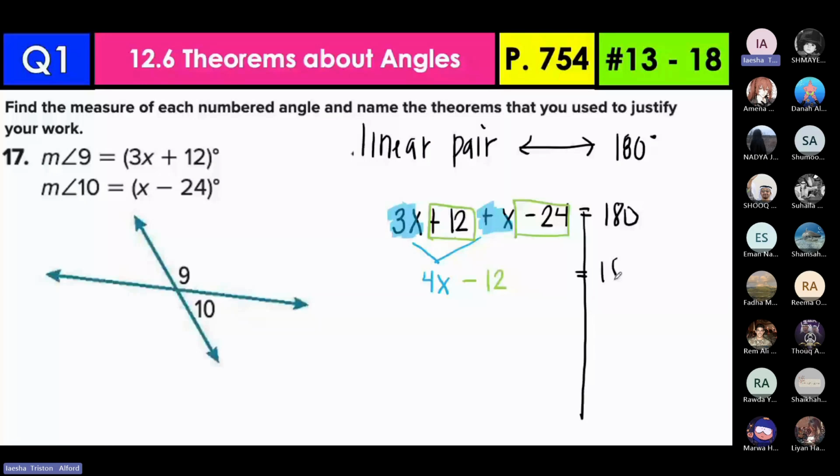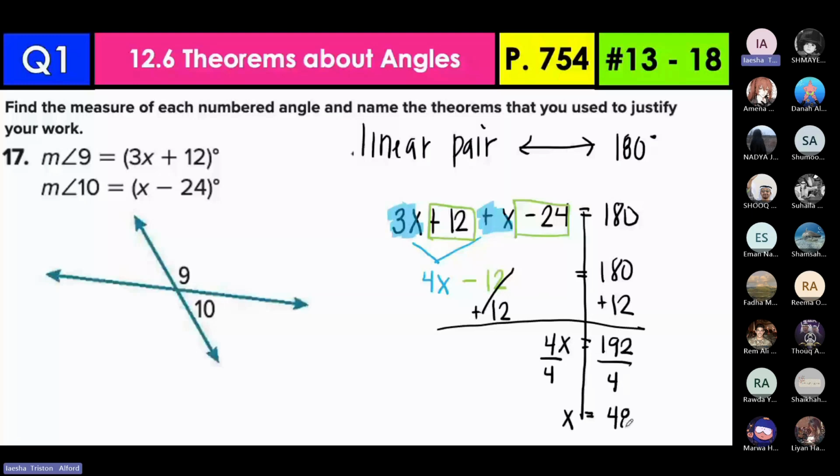Add 12 to both sides. This becomes 0, and 4x is equal to 192. Divide by 4, divide by 4. X is equal to 48.